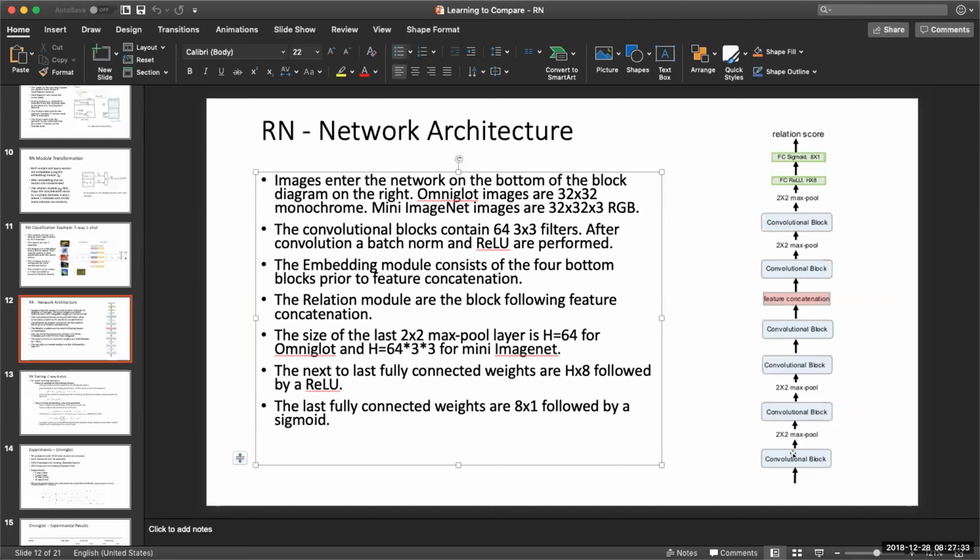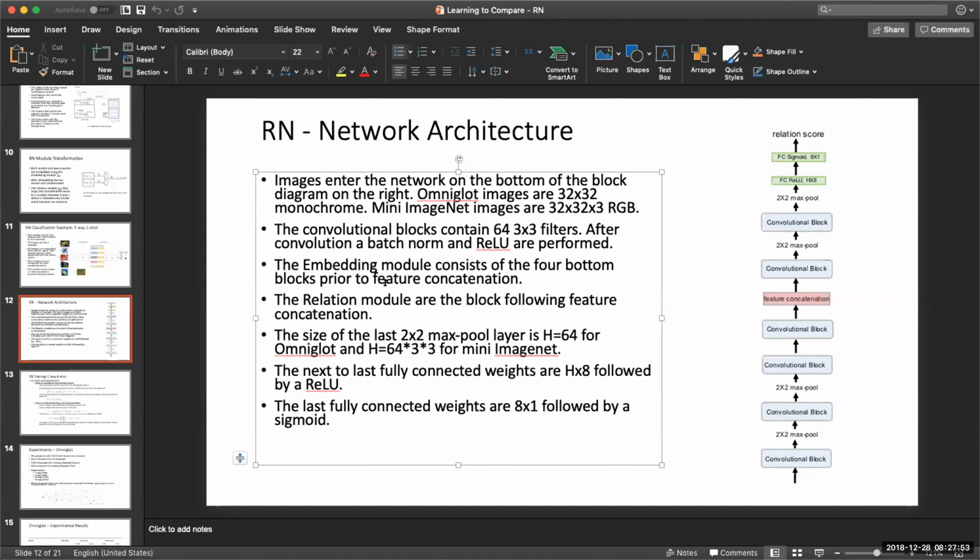And the convolutional block is more than convolution. It also has batch normalization and rectified linear unit. So it has nonlinearity in each one of these blocks.